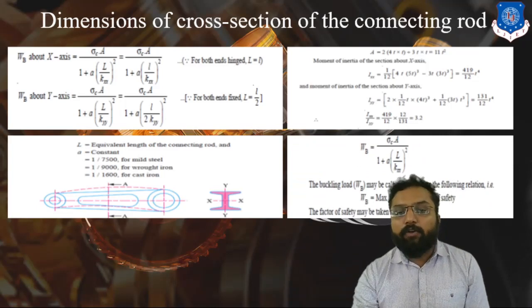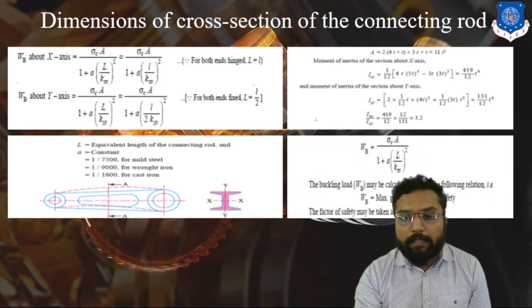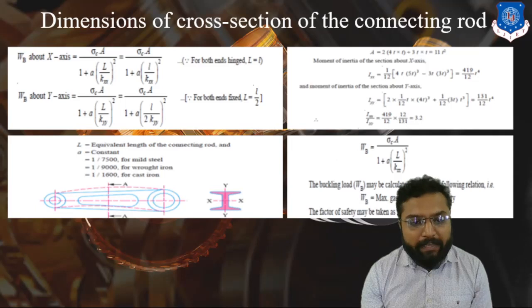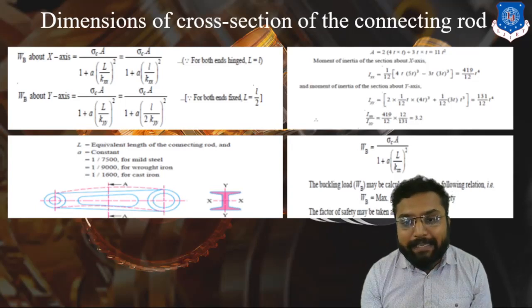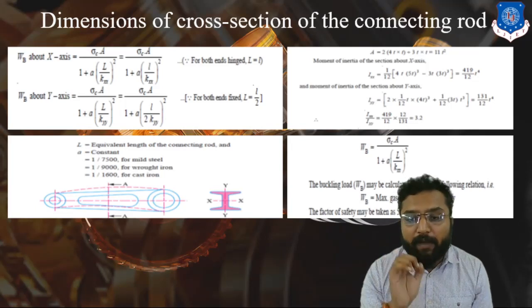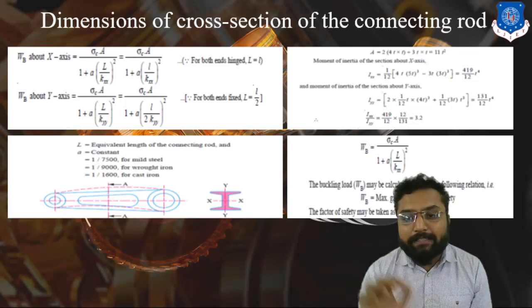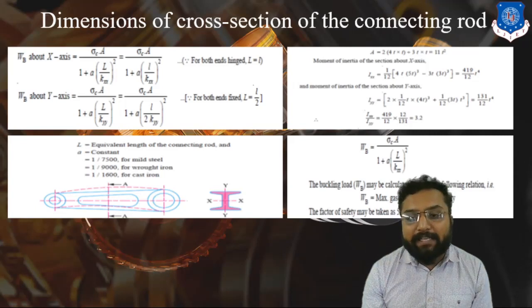After that, we are going to determine this for our bending equation. So the buckling load WB will be sigma C divided by A, into 1 plus A upon L upon KXX. Why KXX? Because we have found out that it is trying to buckle in the XX direction rather than anything else.